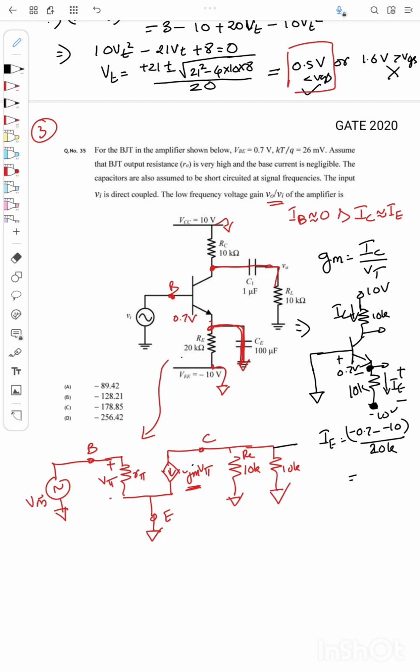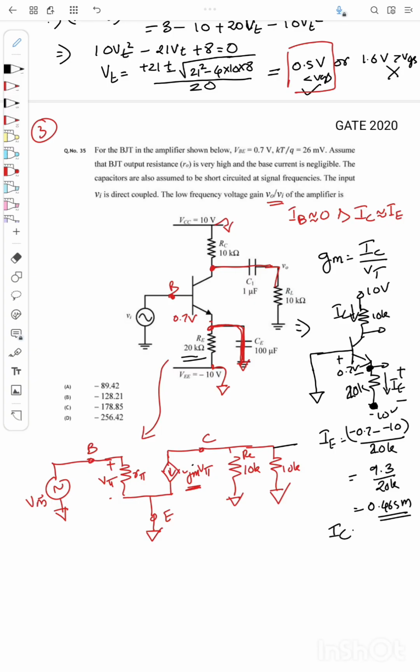Given RE is 20k. So the numerator will now be 9.3, so plus 9.3 by 20k. What is 9.3 by 20? It is equal to 0.465 milli. So that much is the current IE.